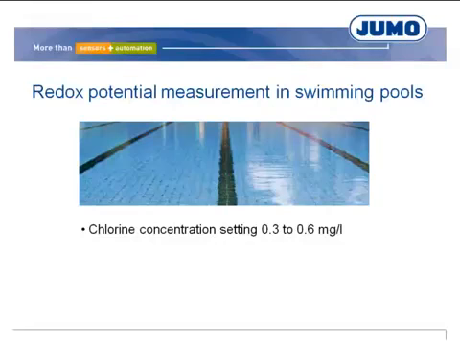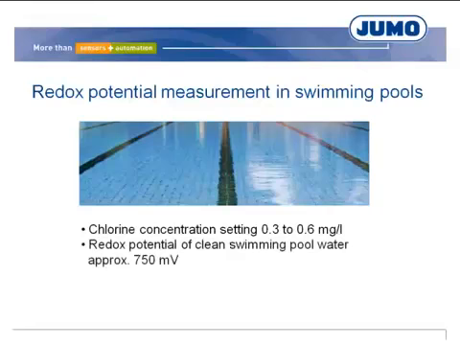Clean water with the indicated chlorine concentration has a relatively high redox potential. If these pollutants enter the swimming pool water in increasingly higher concentrations, the redox potential falls. This means that the redox potential indicates the pollution index of the swimming pool water.